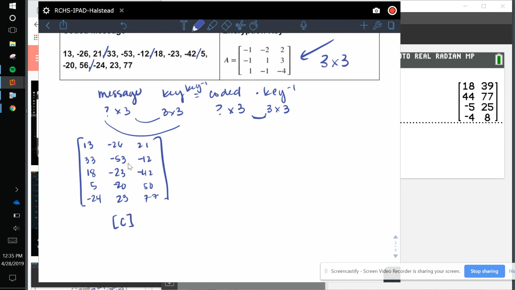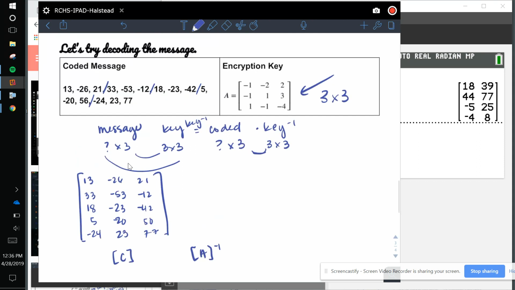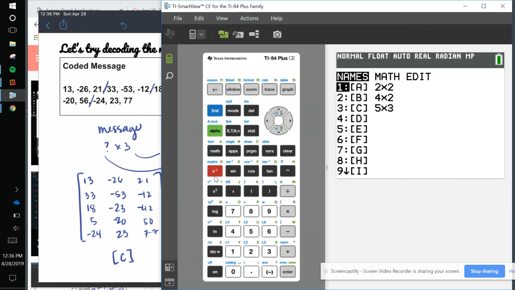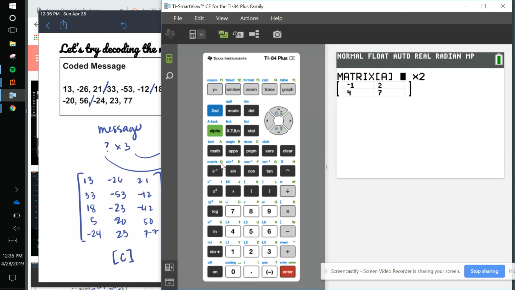I need to multiply this by A inverse. So I am going to figure out in my calculator right now what A inverse is. Let's go ahead and do that. I'm going to set up my matrix. Matrix A, we're going to edit to be a 3x3. The key was 1, -2, and 2.